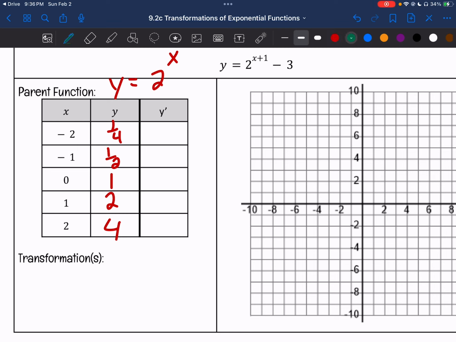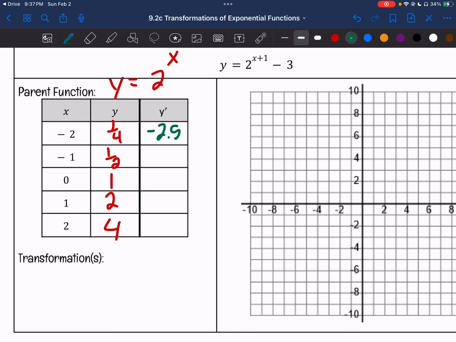Okay, so what is y prime? Y prime is going to be our translated version. So let's substitute our points in and see what we get. If we have negative 2 plus 1, that's negative 1. So 2 to the negative first power is 1/2. Minus 3 is negative 2.5. Our next one, we have negative 1.